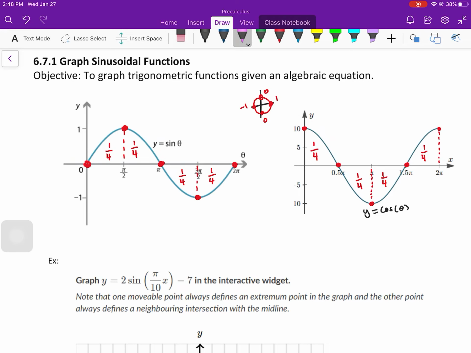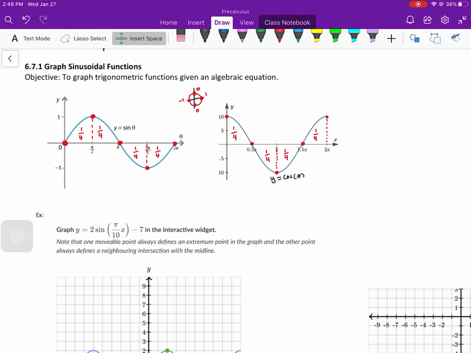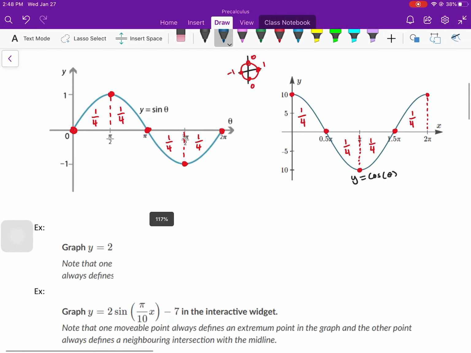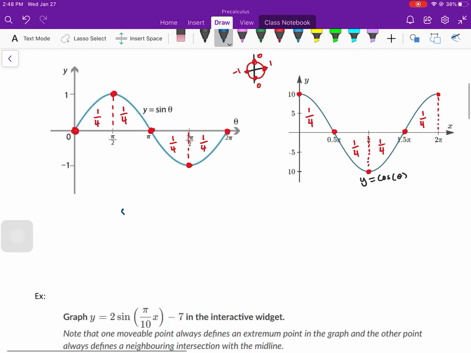Maybe I'll set some instructions here. And it's just going right through the unit circle. That's all we're doing. So sine of theta: first, midline, it always starts on midline.